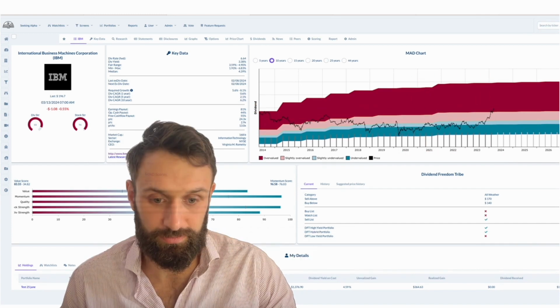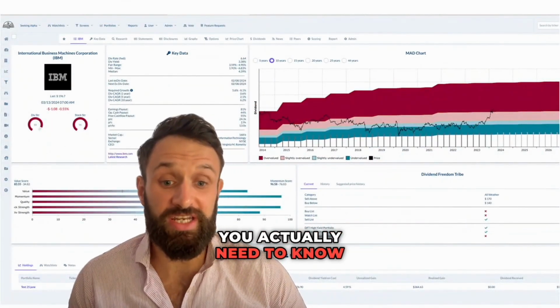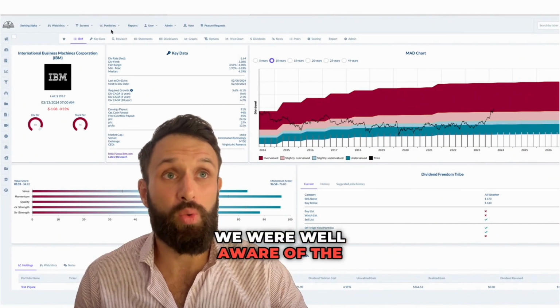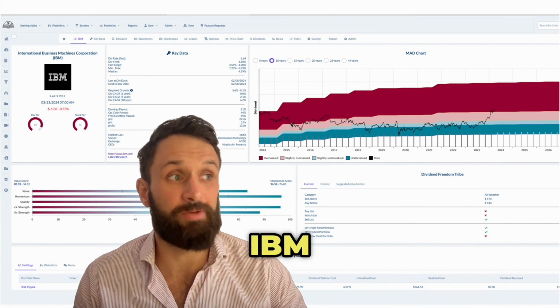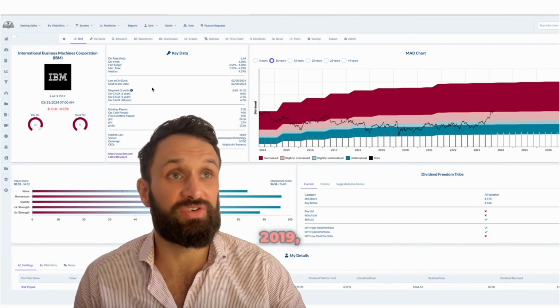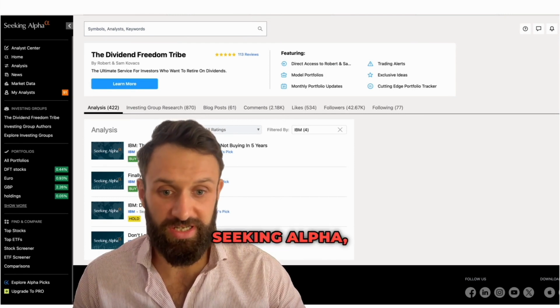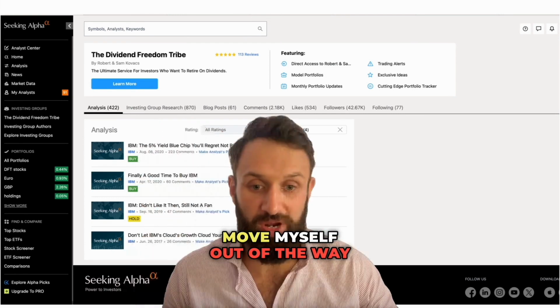it's moving on. Now, this is why you actually need to know what you're doing, and just using a chart isn't enough. We were well aware of the transition that IBM was going through between 2017, 2019, 2020. And if you look at our track record on Seeking Alpha, let me just move myself out of the way again.